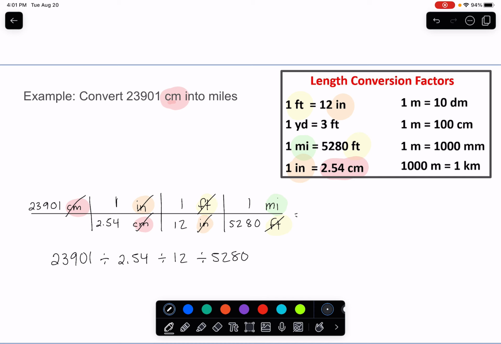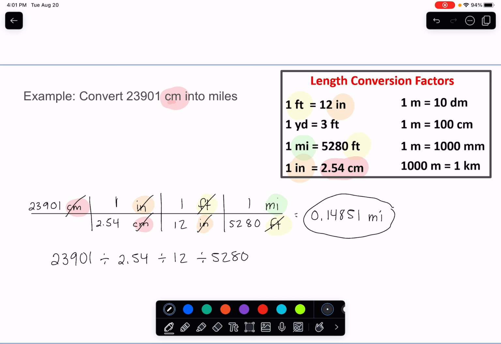So let's see, 23,901 divided by 2.54 divided by 12 divided by 5,280 is 0.14851 miles. And that would be the final answer.